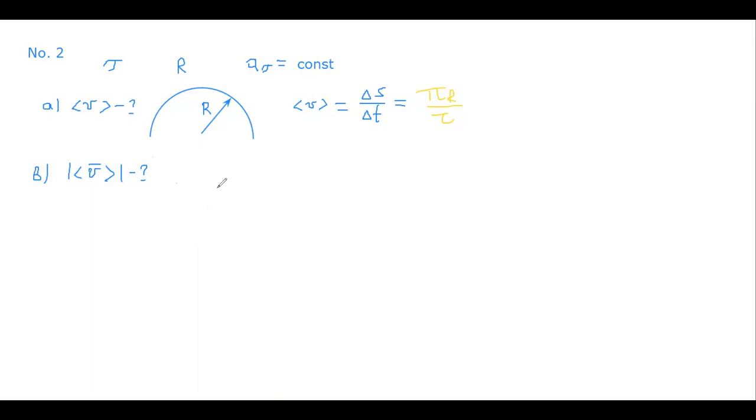Okay, I'll remind you. Average velocity is equal to delta r divided by delta t. Delta t is the same as here, but delta r we still have to find.